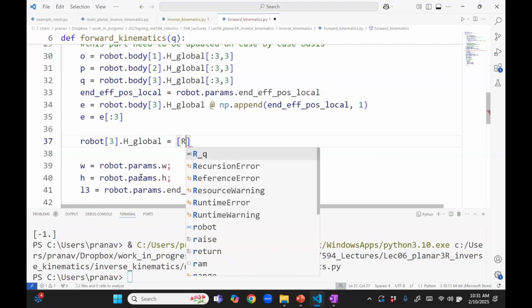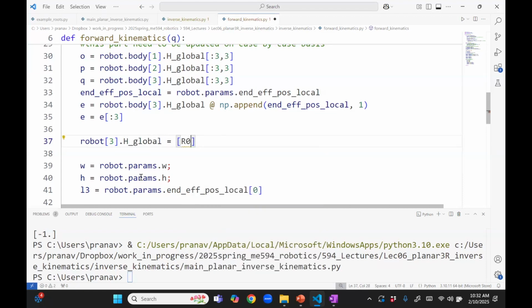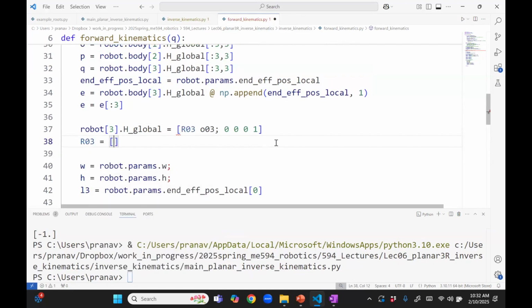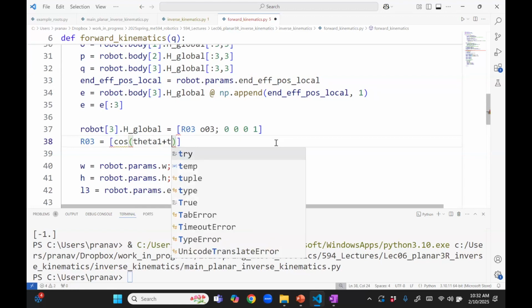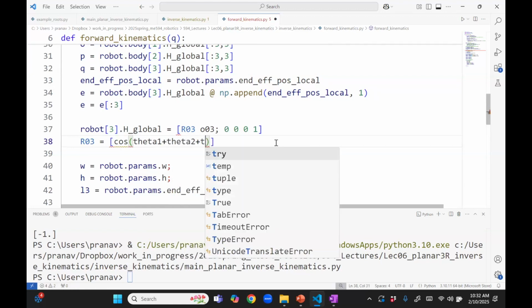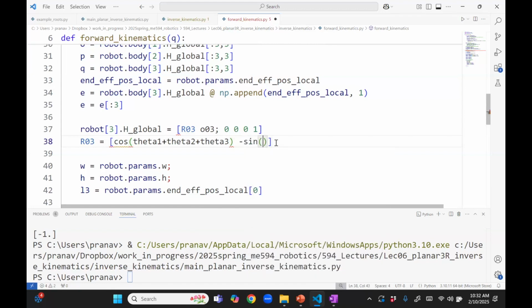It will be something like R03, O03, then 0, 0, 0, 1. And this R03 will be something like cosine of theta 1 plus theta 2 plus theta 3, minus sine of the same thing, 0.